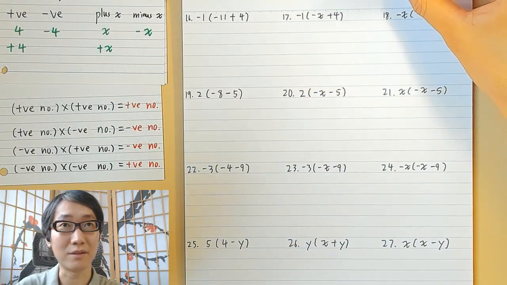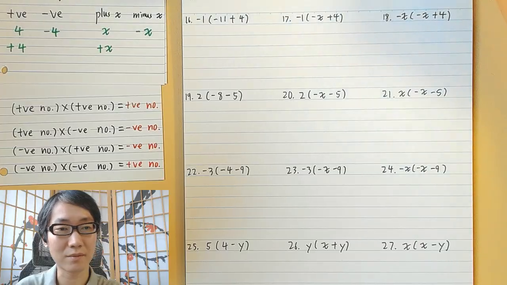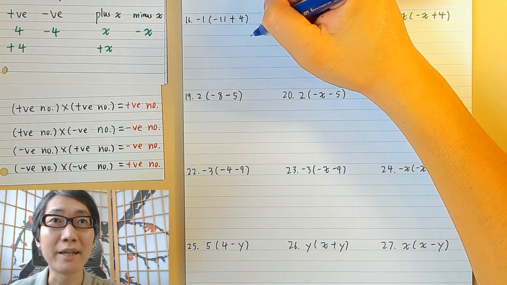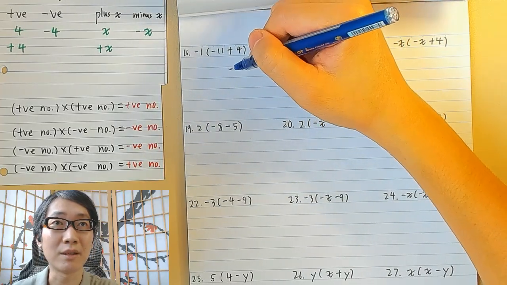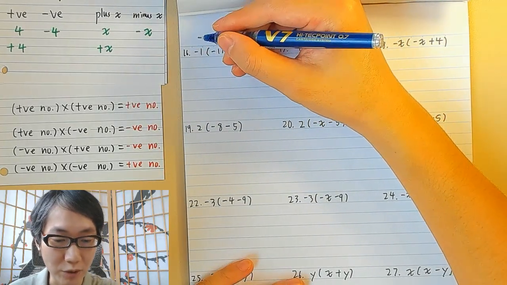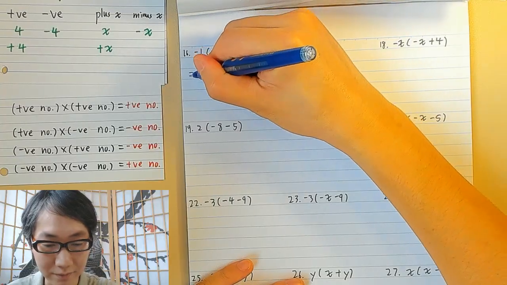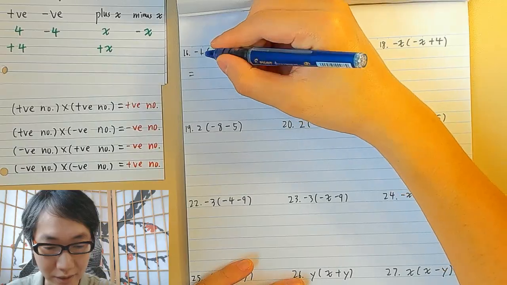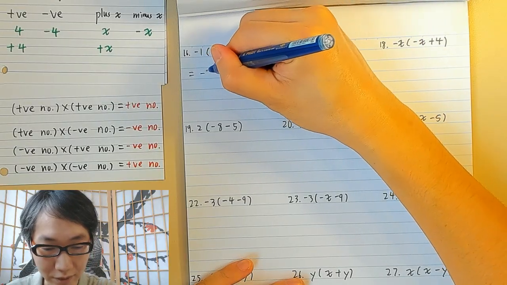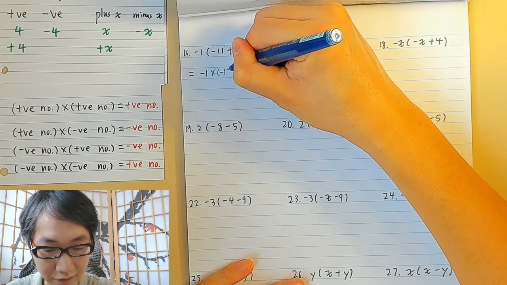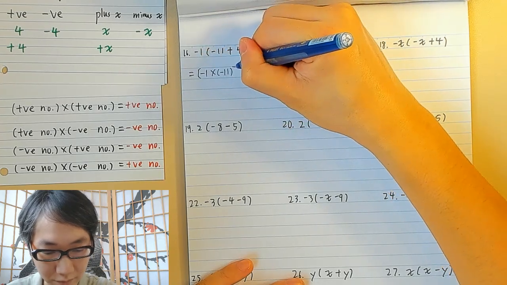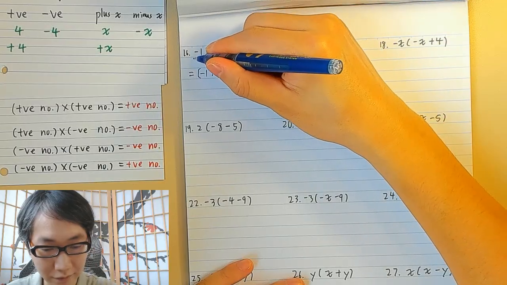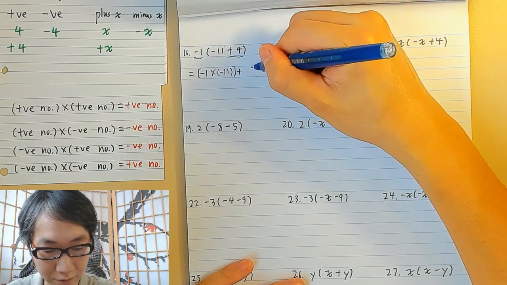Number 16. First term, negative 1 times negative 11, we'll have positive 11. Or we can display everything. So negative 1 times negative 11, first term. And the second term, negative 1 times positive 4.